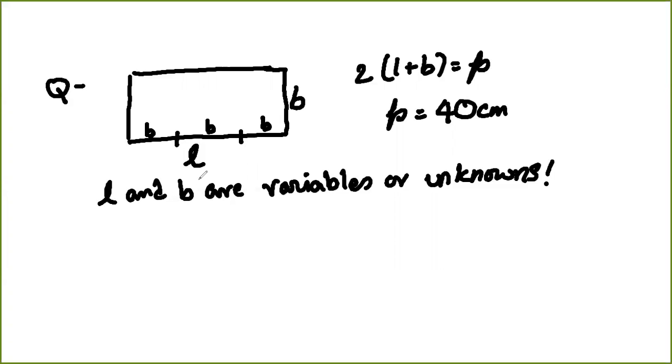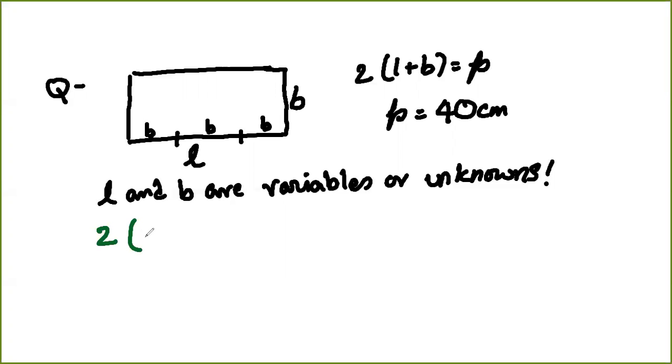So what we can now do is, instead of having the length in the equation, I can put something else. Can somebody tell me? Or would you like me to repeat the question? Okay.